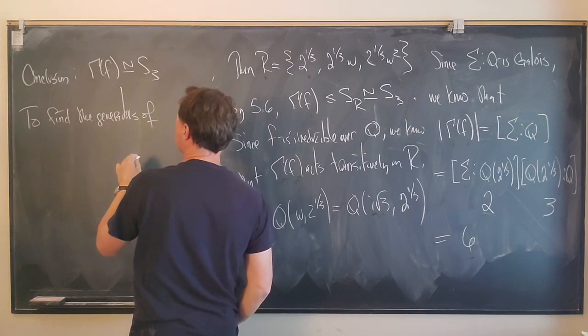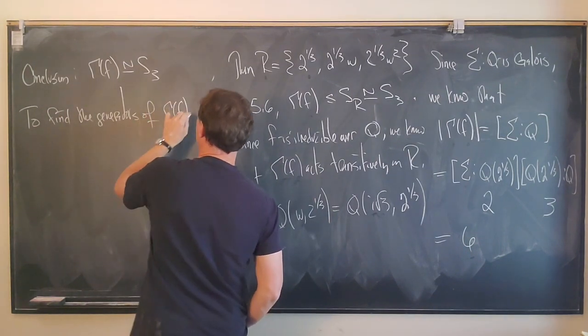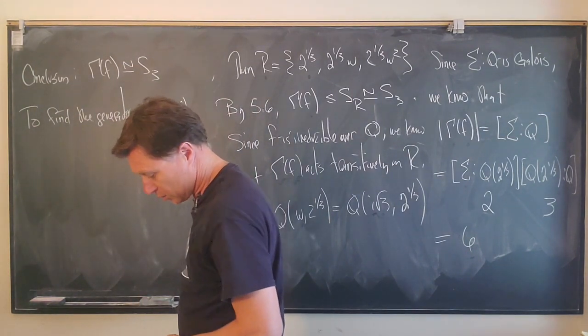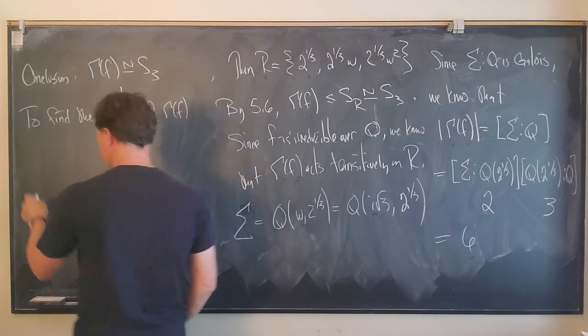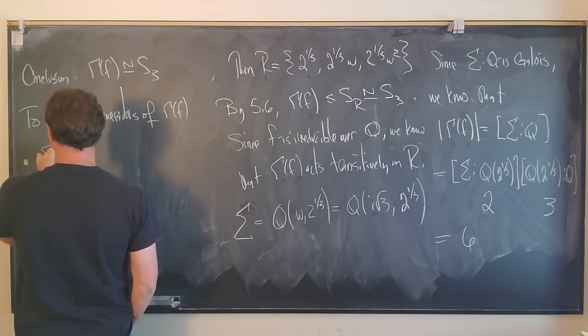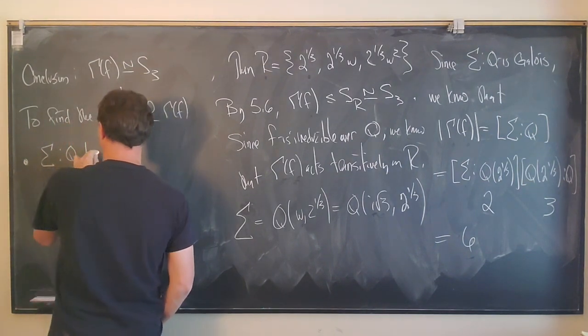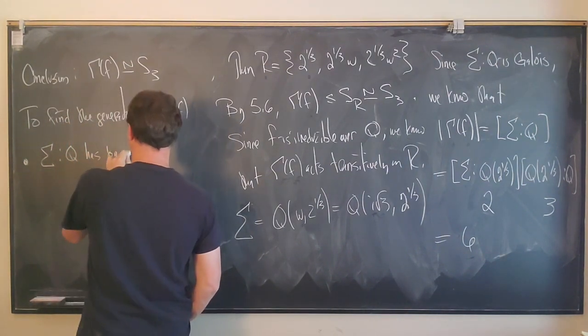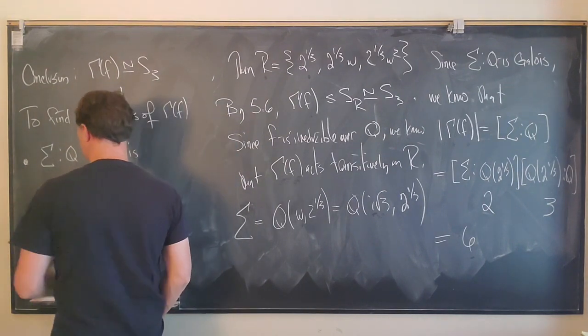So, to find the generators of gamma of f, here's what we do. Let me just write these things down. So first of all, sigma over Q has a basis.